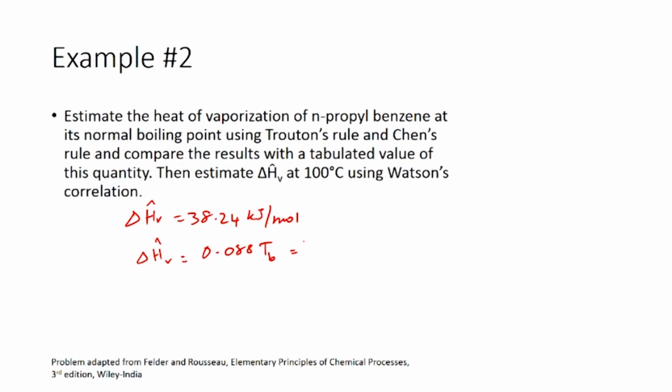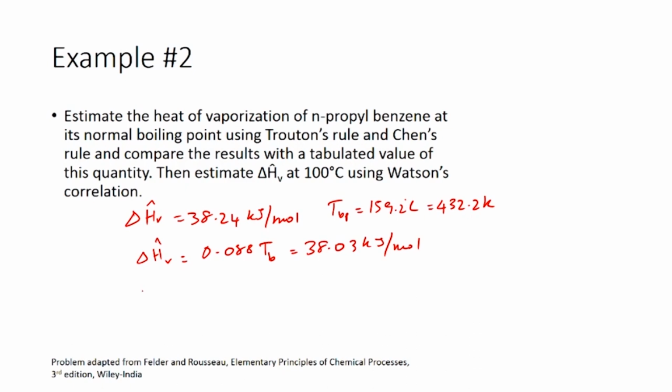The boiling point for N-propyl benzene from the table is 159.2 degrees Celsius, which is equal to 432.2 Kelvin. Using this value we get the heat of vaporization from Trouton's rule as 38.03 kilojoules per mole. For this particular case Trouton's rule fits very well, with less than 1% error. Even Chen's rule might not be this accurate.